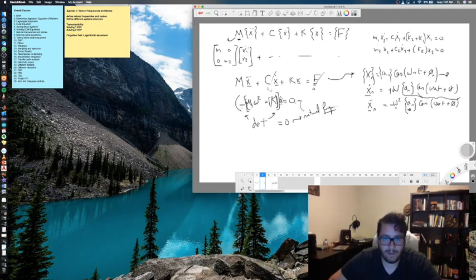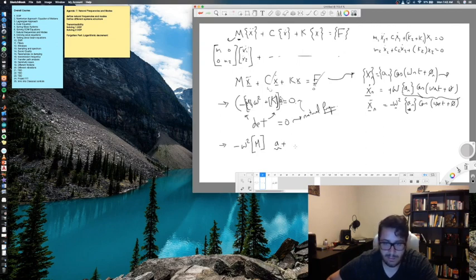Okay, so if I were to come here and multiply this by the inverse, this is the same identity that we have here. So if I were to write this equation again, minus omega squared m, my matrix m, times my modes, my eigenvector, plus, or let's just call it modes for now.